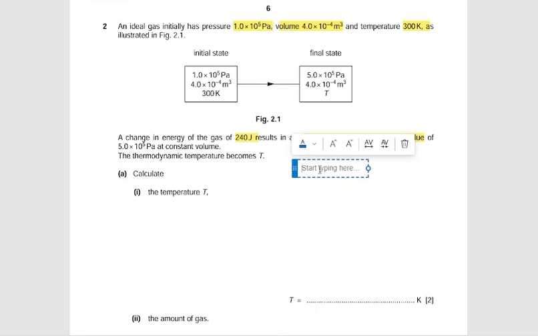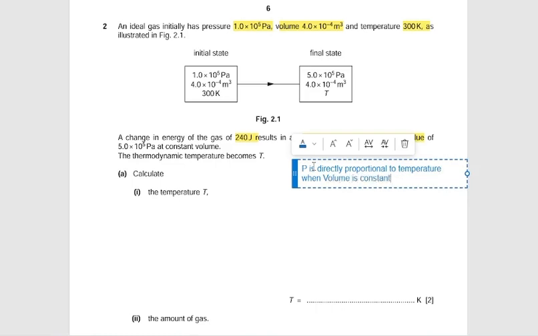Now, we know that pressure is directly proportional to temperature when volume is constant.